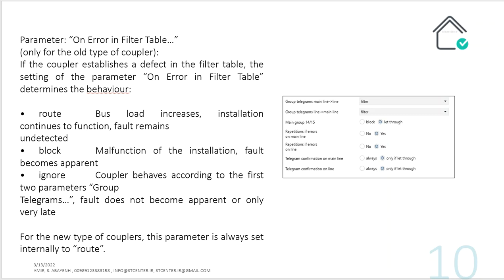If it is set to route, bus load increases, the installation continues to function, and the fault remains undetected. If block, malfunction of the installation, and the fault becomes apparent. If ignore, couplers behave according to the first two parameters, group telegram, and the fault does not become apparent or only very late. So nowadays, for the new type of coupler, this parameter is always set internally to route.